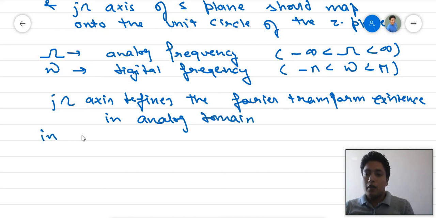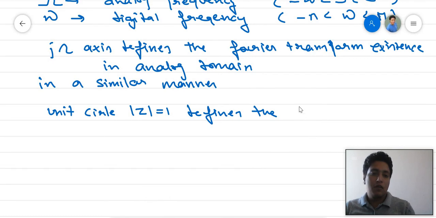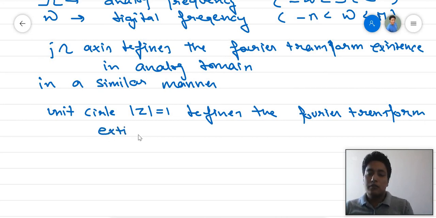In a similar manner, the unit circle at mod z equals 1 defines the Fourier transform existence in the digital domain.